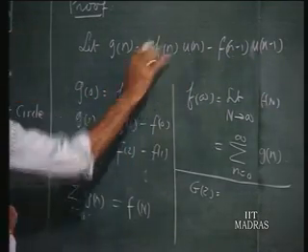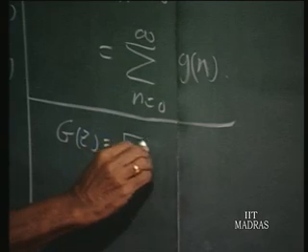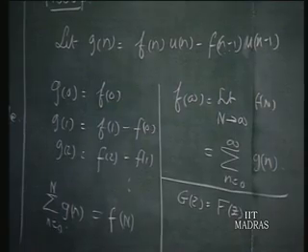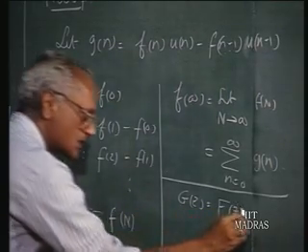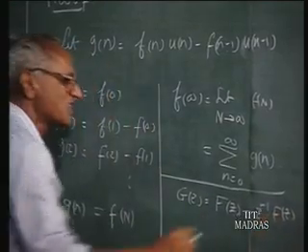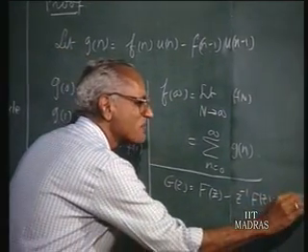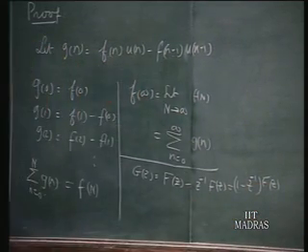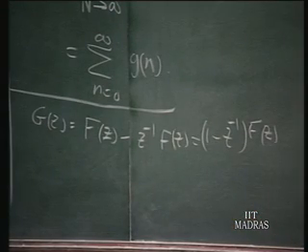The Z transform of the first is F(z), and the second is a delayed version of f[n], delayed by one sampling instant. Therefore this is z^-1 times F(z). G(z) therefore is (1 - z^-1) F(z).